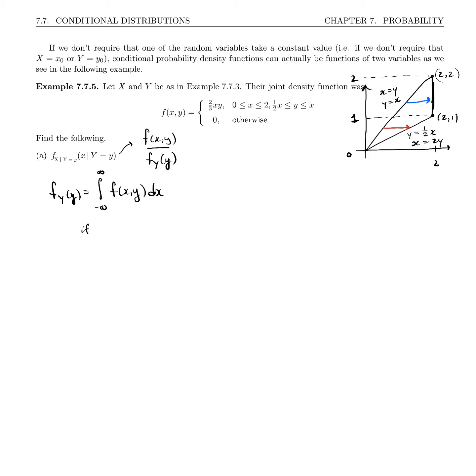So if we are looking at y values between 0 and 1, if 0 is less than or equal to y is less than or equal to 1, then we're in this part here of the support, and we're going to integrate from x = y to x = 2y of the density function, 2/3 xy dx.